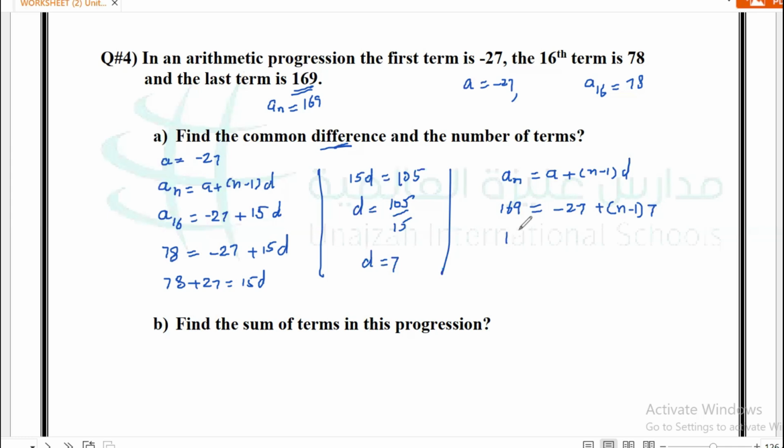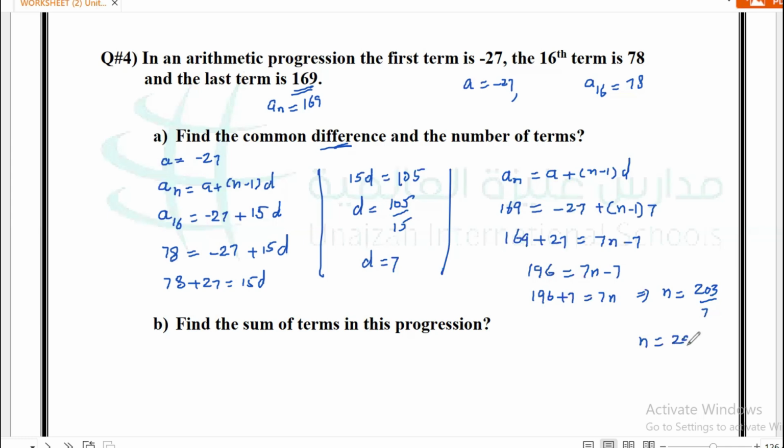So here we have 169 plus 27 is equal to 7n minus 7. So 169 plus 27 is equal to 196, equals 7n minus 7. So 196 plus 7, which is equal to 203, divided by 7.